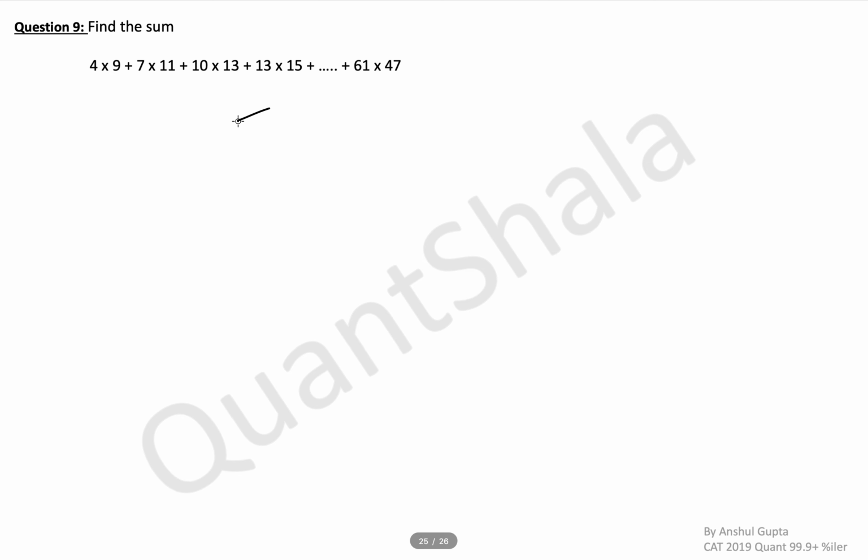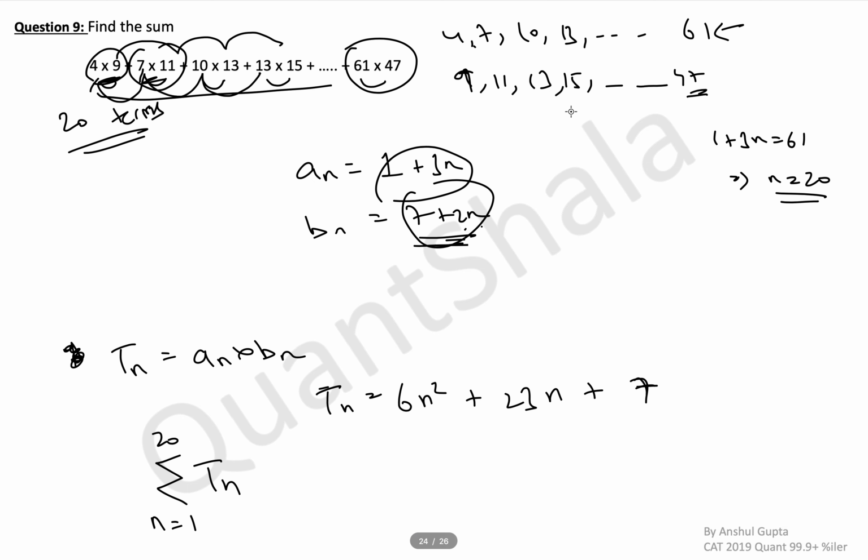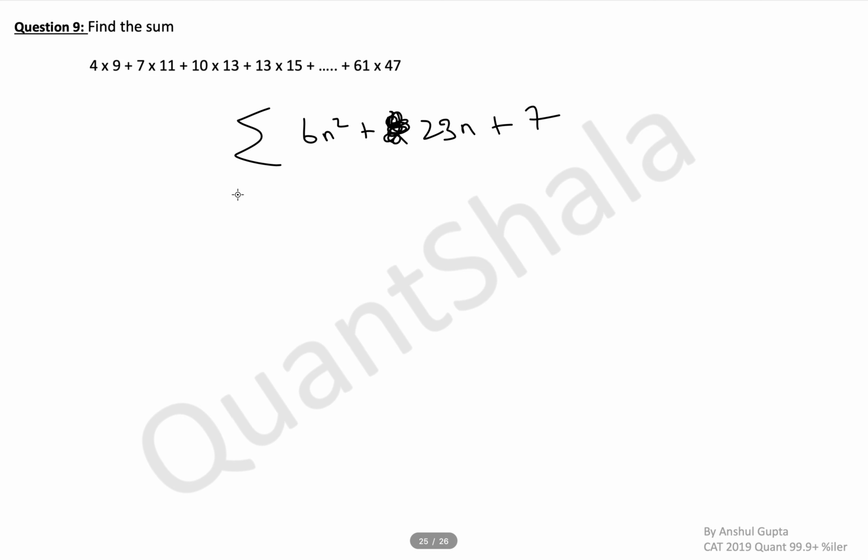So we have summation of 6n square plus 23n plus 7, from n is equal to 1 to n is equal to 20. So how do you do this? What is the sum of n square?